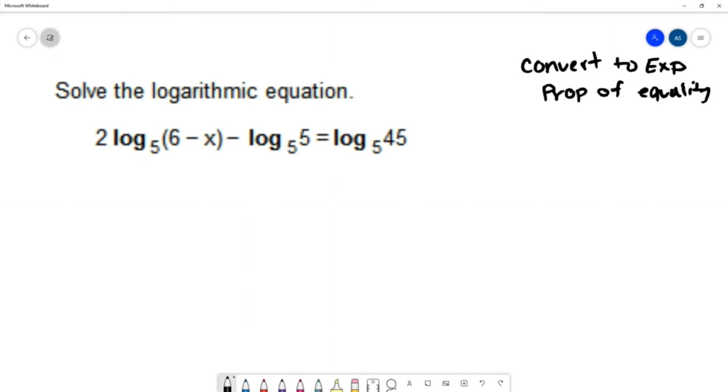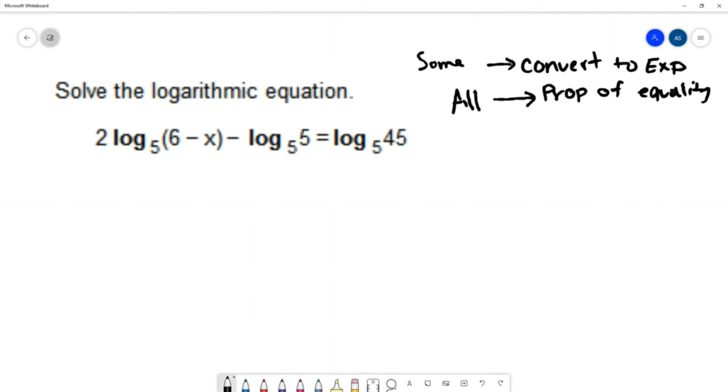And in this example, I see every term with a log base 5. So I would say that this one has all logs. When it has all logs, you're going to use the property of equality. When it only has some logs, so if it has some other terms besides logs, you want to convert.